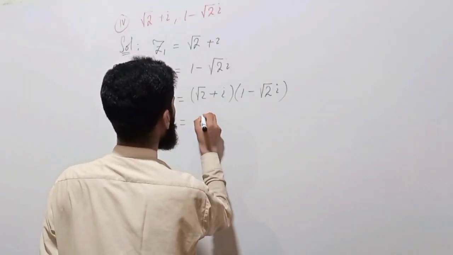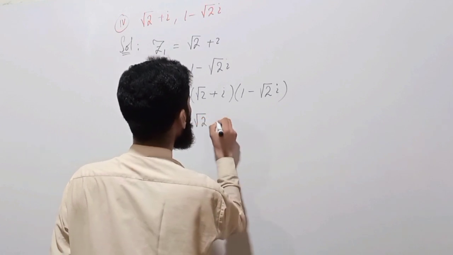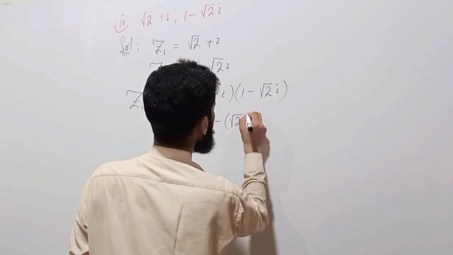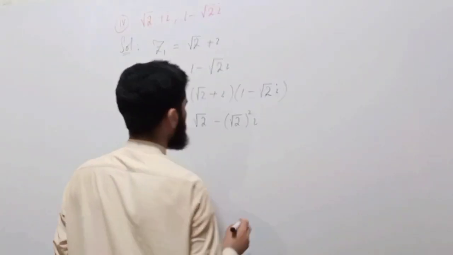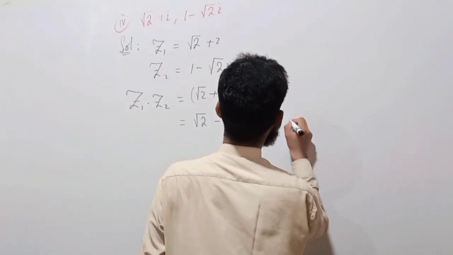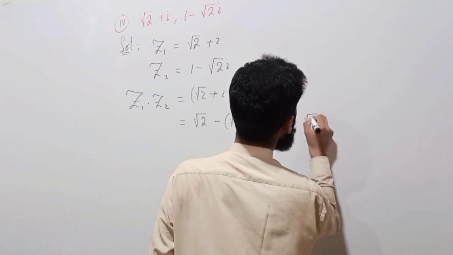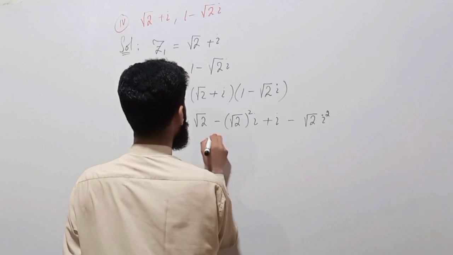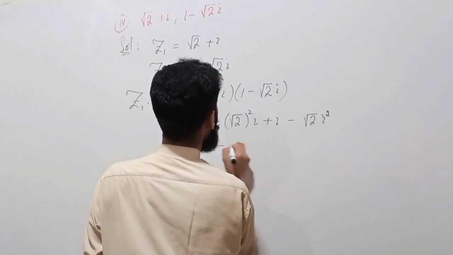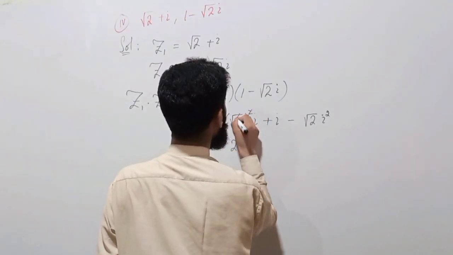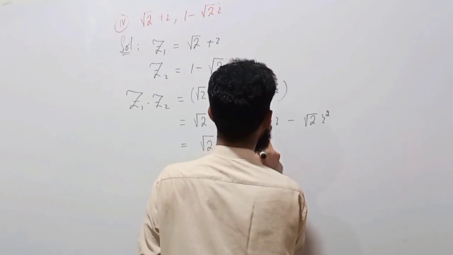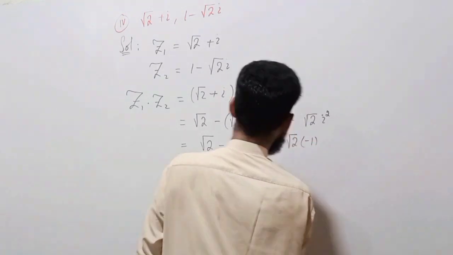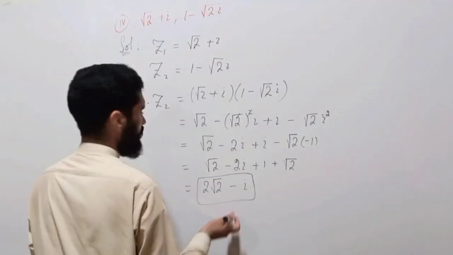Multiplying, we get square root 2 minus square root of 2 square iota plus iota minus square root 2 iota square. That is square root 2 minus 2 iota plus iota minus square root 2 times minus 1. This is the required result.